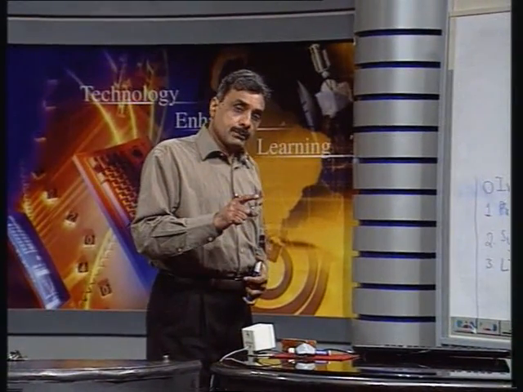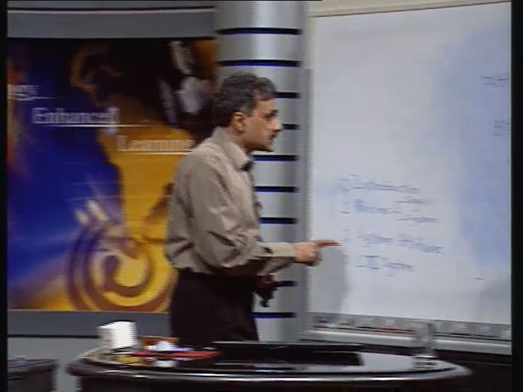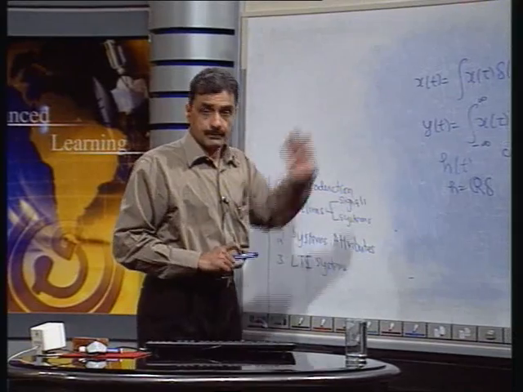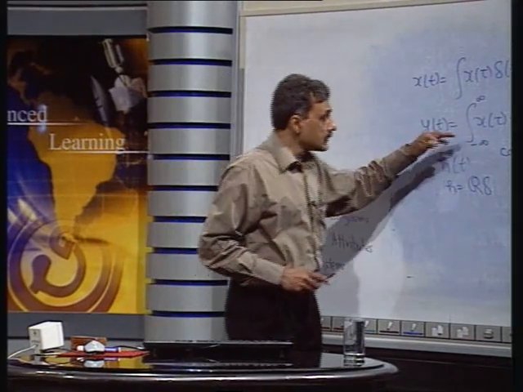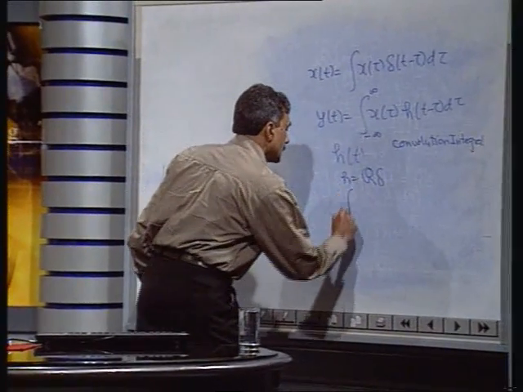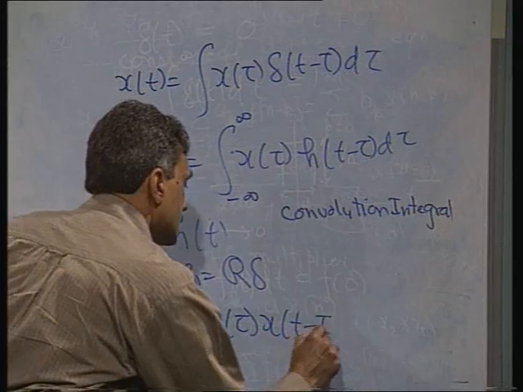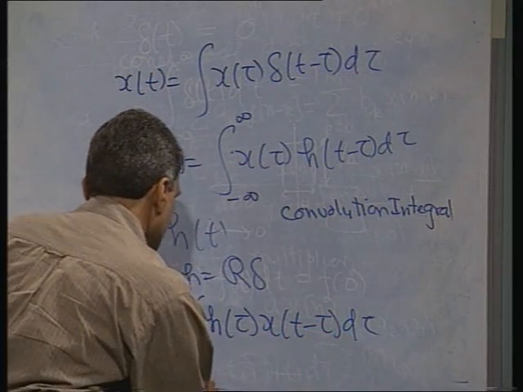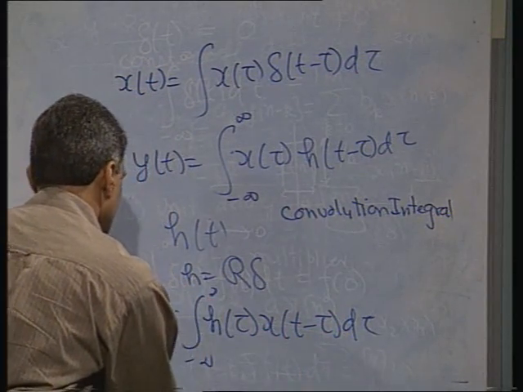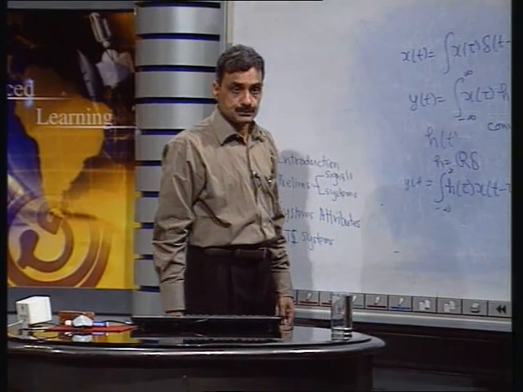But before I talk about that, let us observe certain things here. Because convolution is commutative, I could also write this as integral h(tau) x(t minus tau) d tau from minus infinity to infinity. Nothing changes.